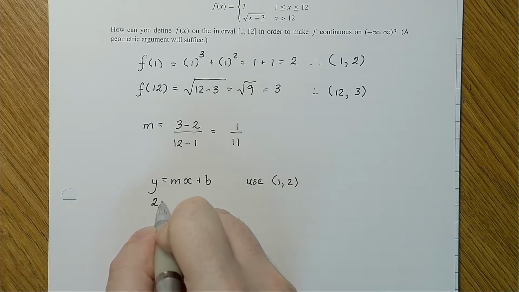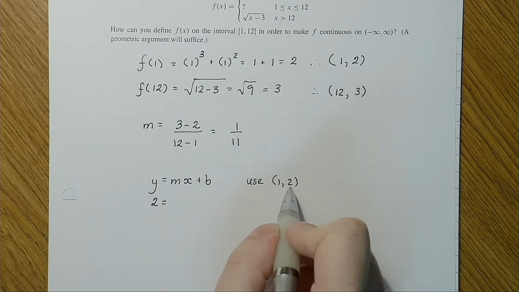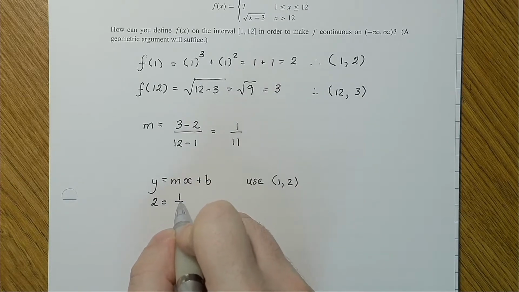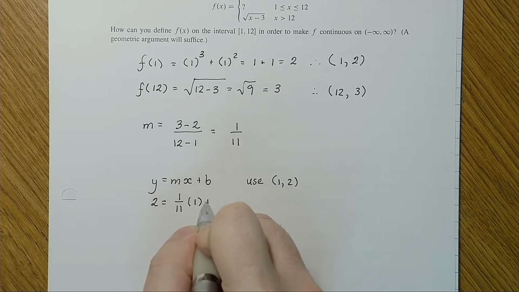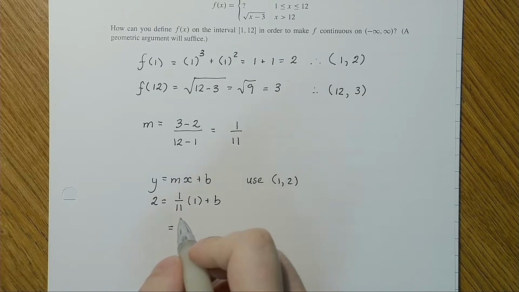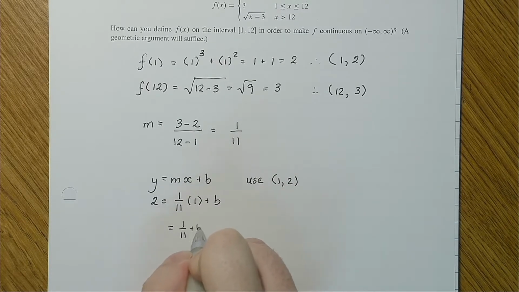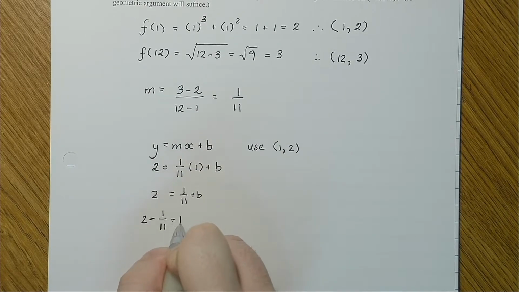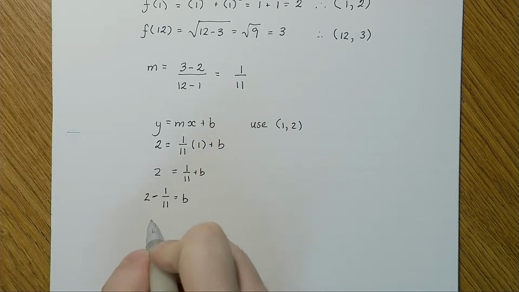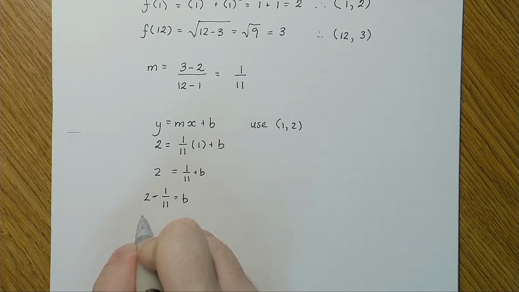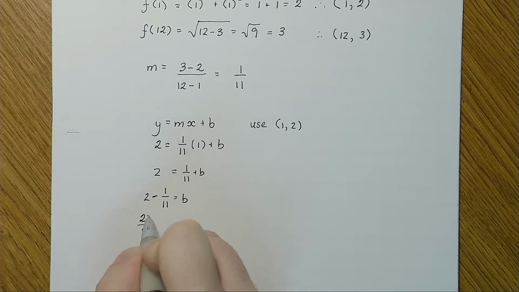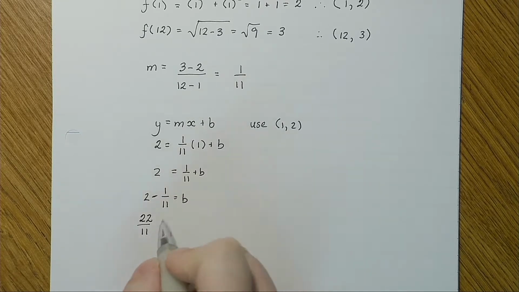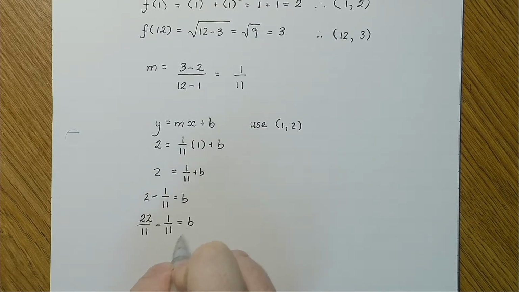To get my y-intercept, using y equals mx plus b, let's use (1, 2), since that's an easy point. So I substitute 2 for y. My slope is 1 over 11 times 1 plus b. So I'm left with 2 equals 1 over 11 plus b, or 2 minus 1 over 11 equals b. Rewriting 2 as 22 over 11, b equals 21 over 11.